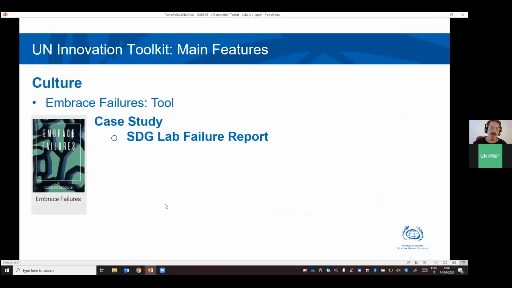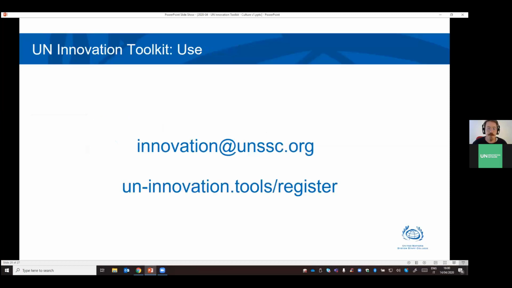The case study that is incorporated into your toolkit, into this tool, is the SDG Lab Failure Report. The SDG Lab is a multifunctional, multi-stakeholder initiative based in Geneva, and I would encourage you to download the tool and read the case study as to how they have worked to incorporate embracing failures as a strategic tool and also as a communication tool.